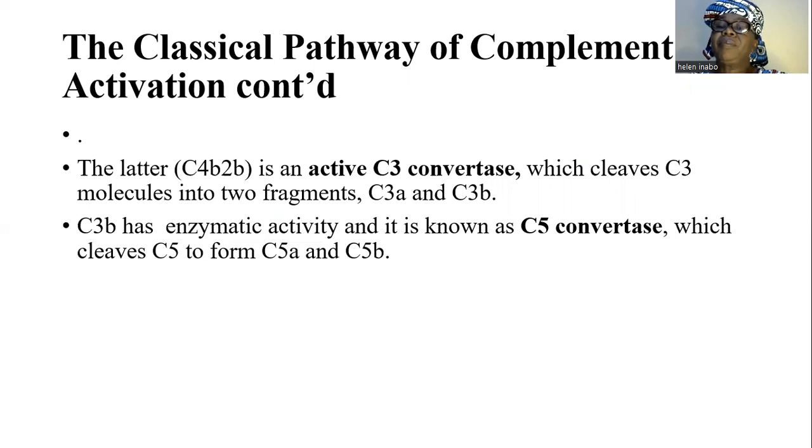It is known as C3 convertase because it cleaves C3 molecules into two fragments, C3a and C3b. The C3b has enzymatic activity and it combines with the immune complex, and it is known as the C5 convertase. That is, it is responsible for cleaving C5 into C5a and C5b.